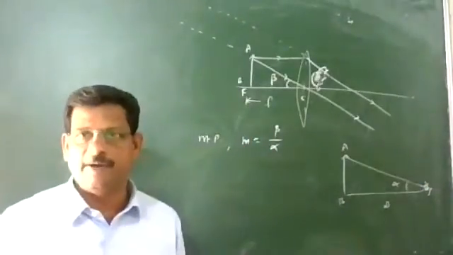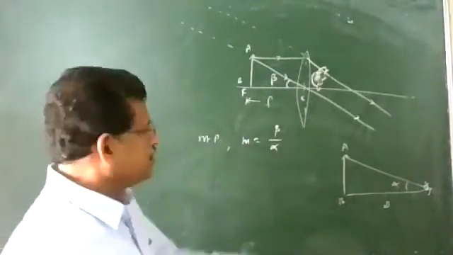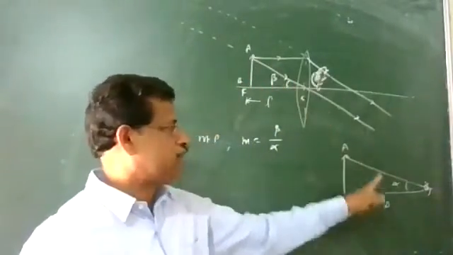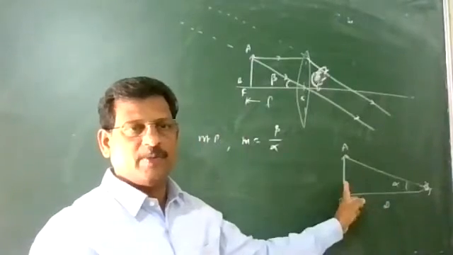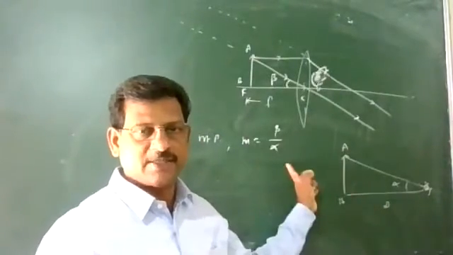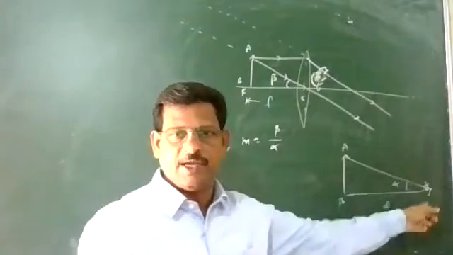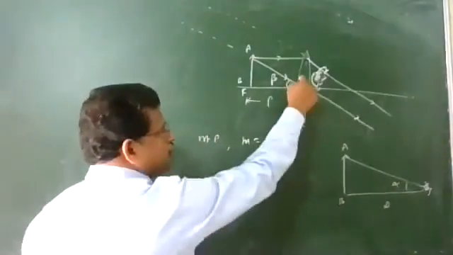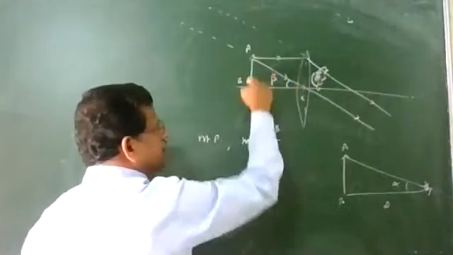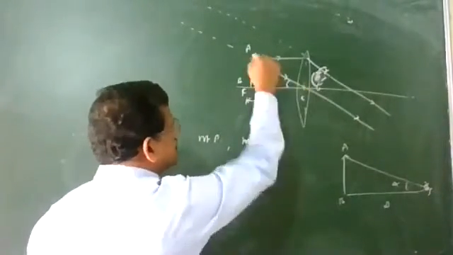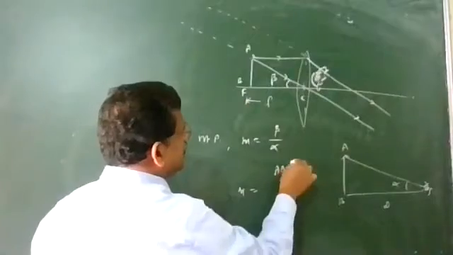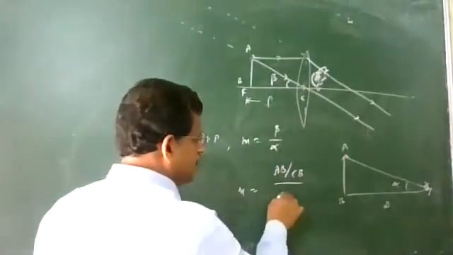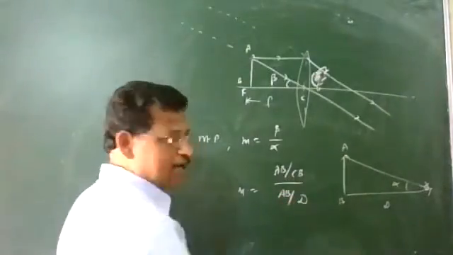This diagram we have to draw separately. Beta is already marked in the first diagram, with the object at the focus. Alpha is the angle subtended by the object at the eye when the object is at the least distance of distinct vision. Taking the angles as small, tan beta equals AB divided by f, and alpha equals AB divided by D directly.